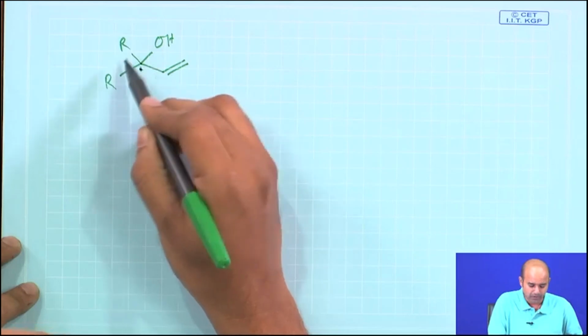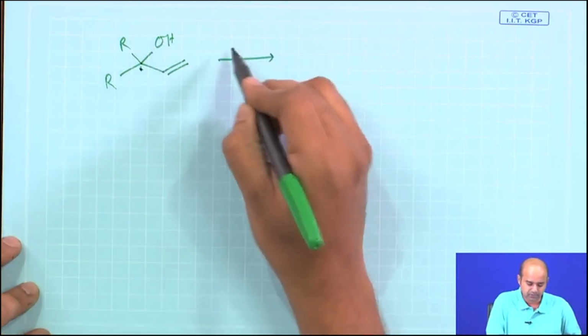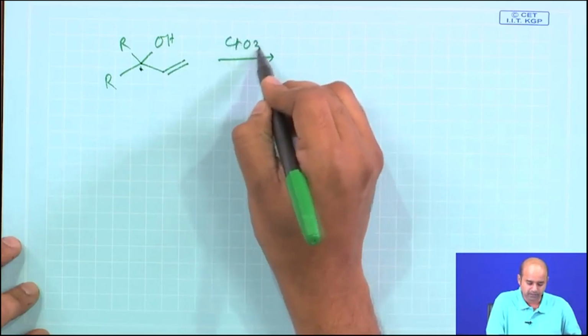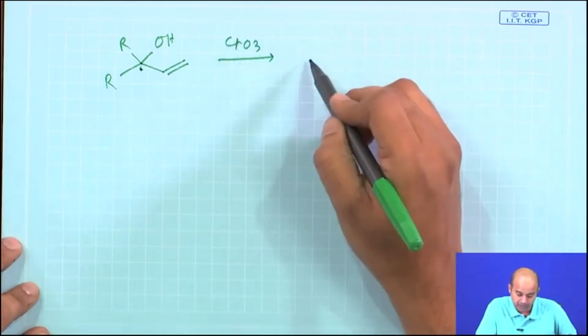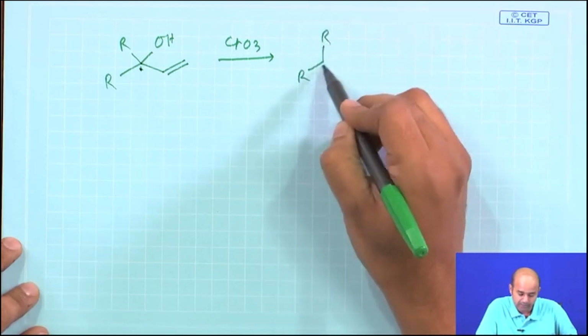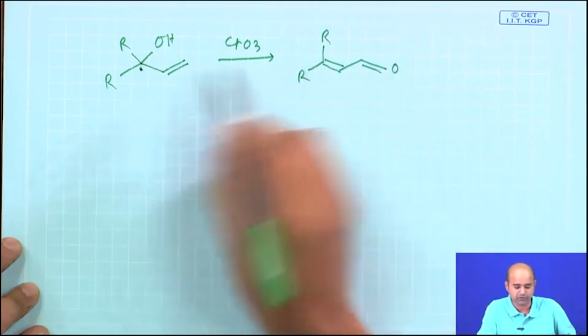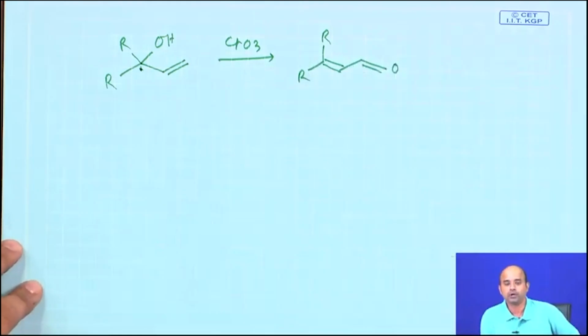This center has all carbon and 1 oxygen. Then you subject it to chromium trioxide, the Babler oxidation. The disconnection now, what will we get? We will basically get this kind of alpha beta unsaturated aldehyde through a similar kind of mechanism.